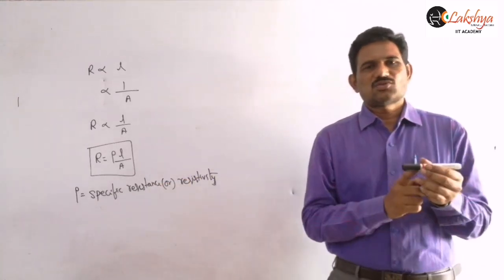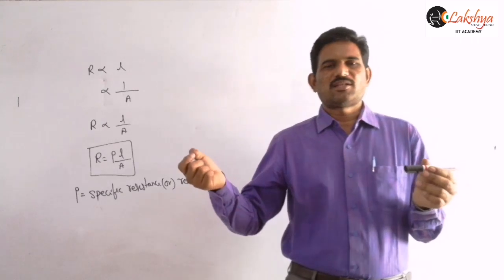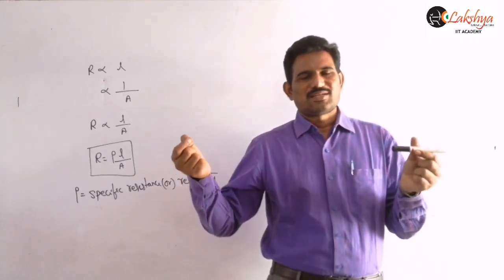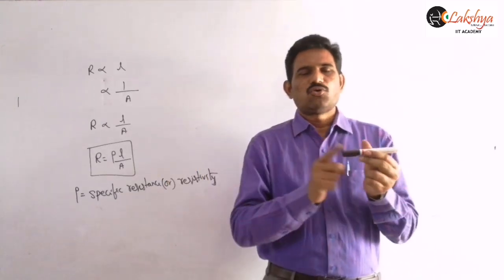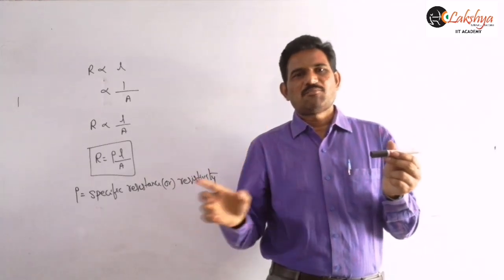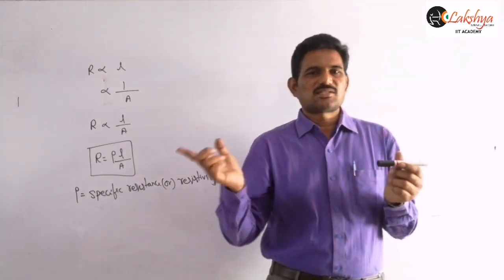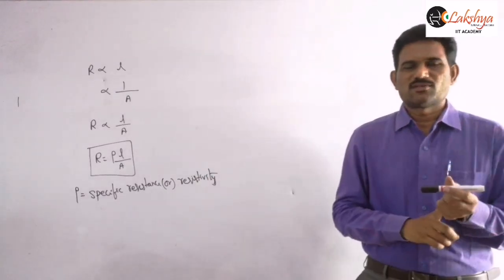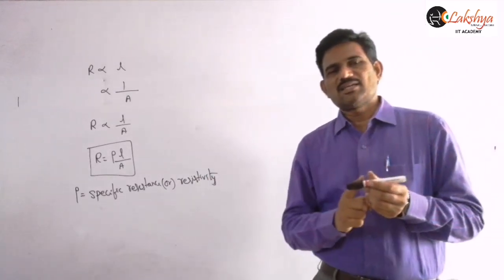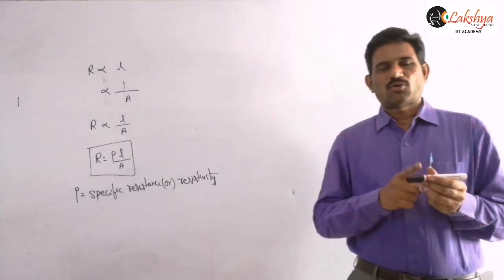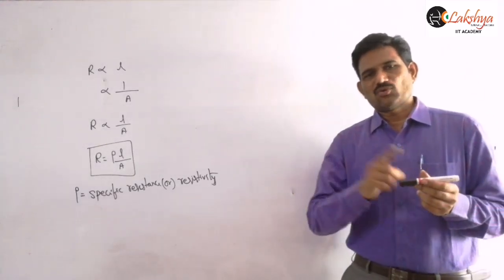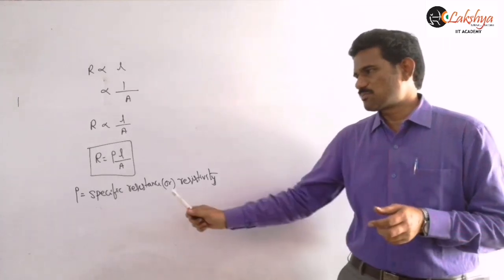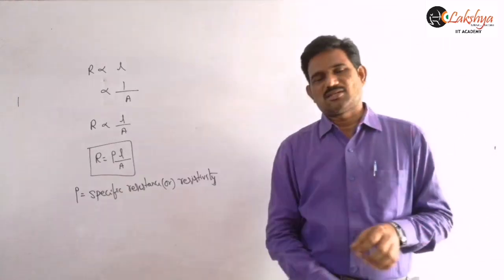The resistivity is the same because both are made of the same material. But the resistance is different because their dimensions are different, so they are different bodies, right? Resistivity is a property of the material, and it does not depend on the dimensions. That is the important difference between resistivity and resistance.